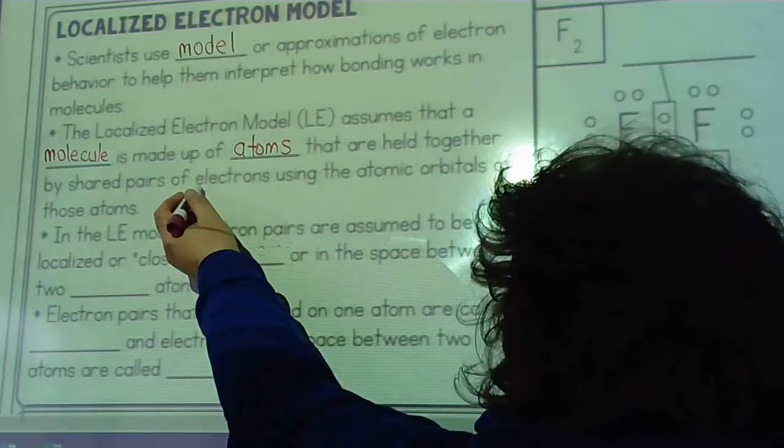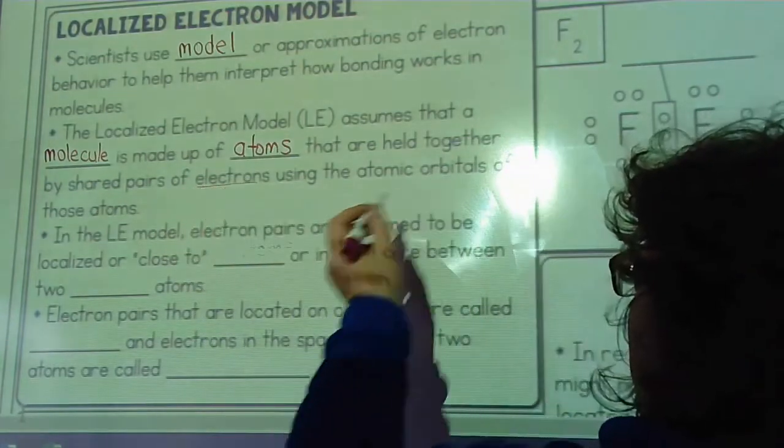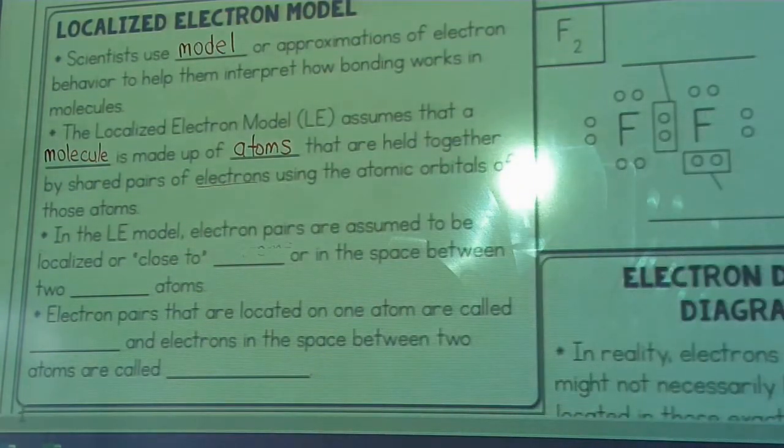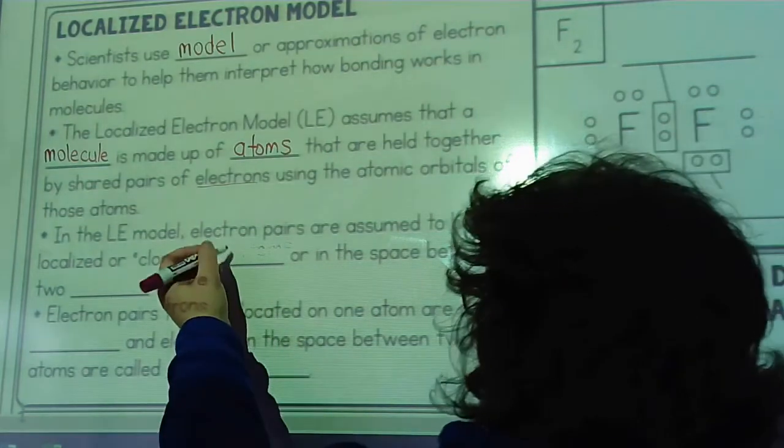So these pairs of electrons are orbiting around both atoms. Electrons are being shared by two different atoms or more, which causes them to be in close proximity together and held together.